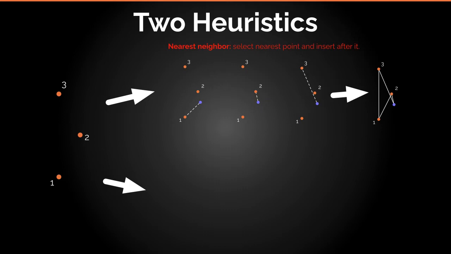So in the nearest neighbor heuristic, we're trying to insert this blue point. To insert it, we measure the distance of the blue point to all of the points in the existing tour, and we insert the blue point after the point to which it's the closest.